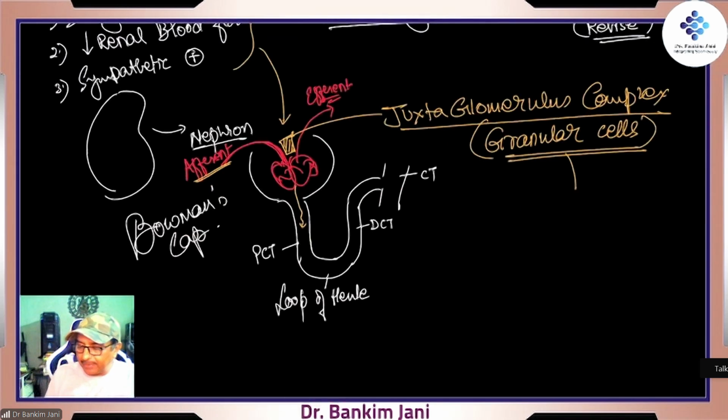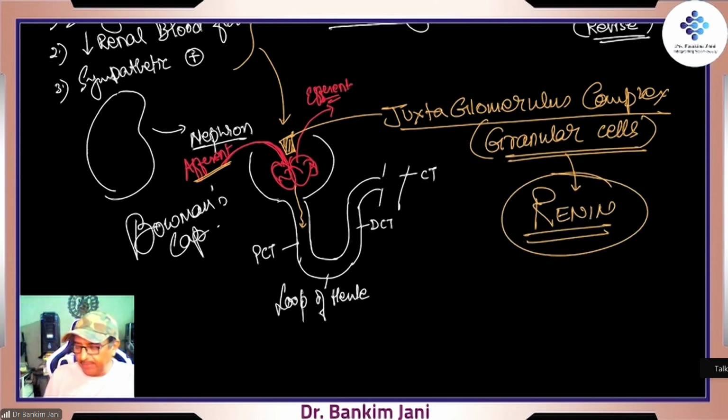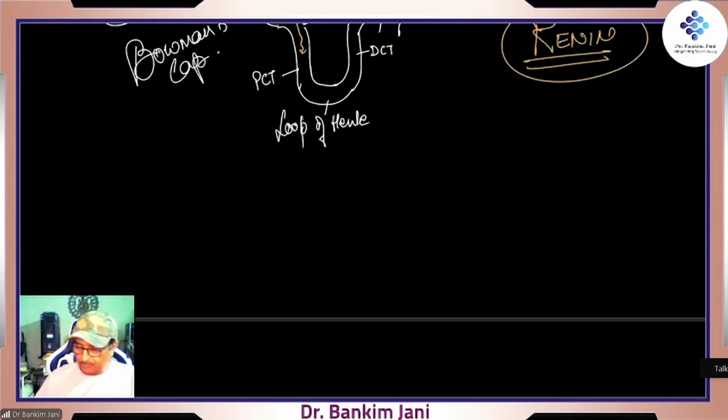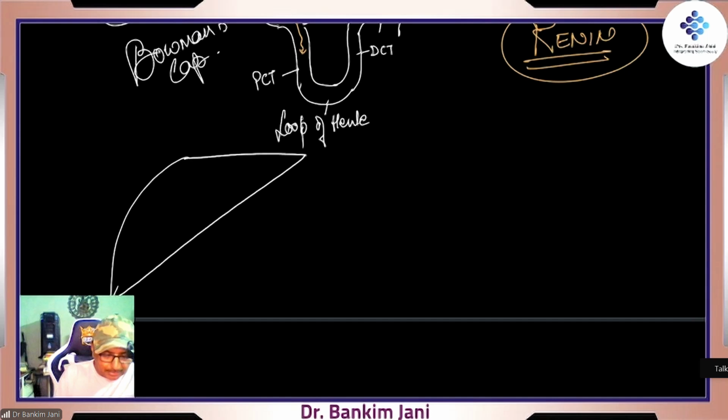So they release what is called renin. And renin is put into the circulation, into the blood. Now here is the liver. Right? That's the liver.